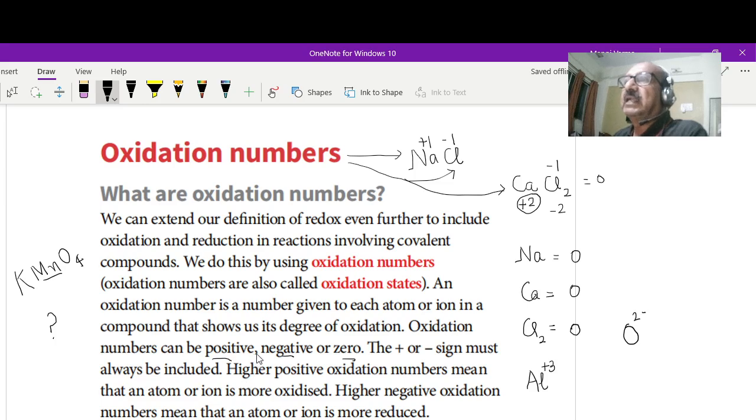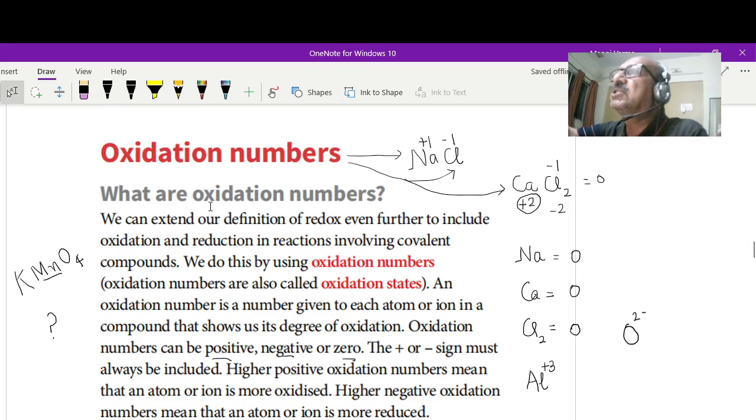So it is the apparent charge that an element is supposed to have when it is combined with other atoms, even in a covalent compound. These are ionic compounds, but this is a covalent compound: MnO4-, which is covalently bonded. So how do we find the oxidation number in those cases? For that we have framed certain rules, and I'm going to explain those rules.